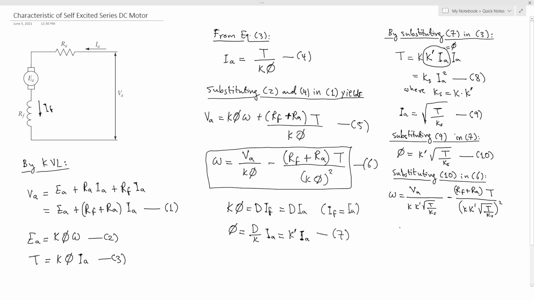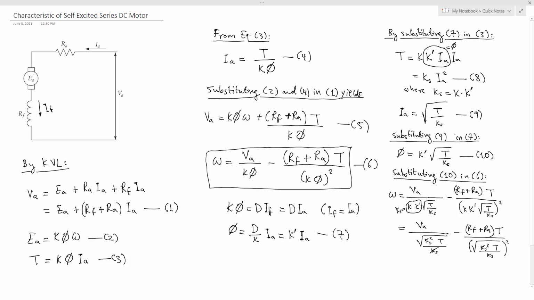So this will equal VA over the square root of KS squared times T over KS, because K times K prime equals KS, minus (RF plus RA) times T over (square root of KS squared times T over KS) squared.